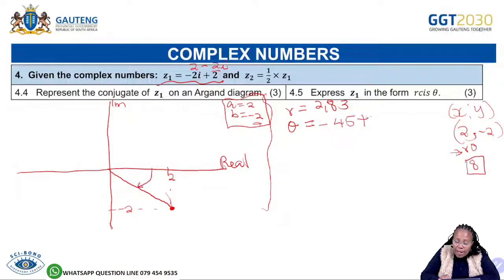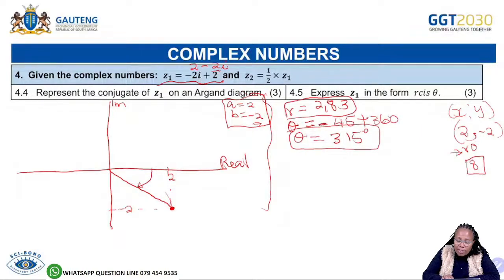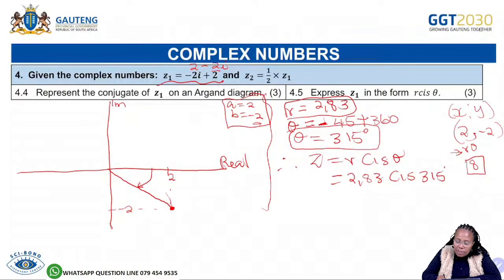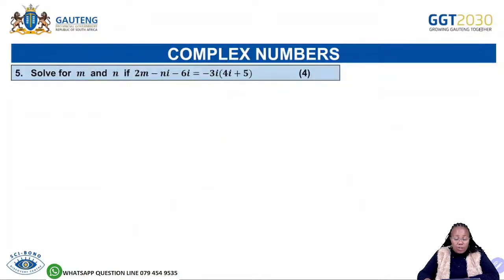So yours is to add 360 to the negative 45, and this will give you 315 degrees, which is the correct argument for us. Okay, if your value is negative, just add 360. Therefore, grade 12, your Z, which is R cis theta, R is how much? 2,83, and then cis theta is 315 degrees. Then you'll get your full marks for that notation, grade 12. Always use your calculator, it's easier to do so.